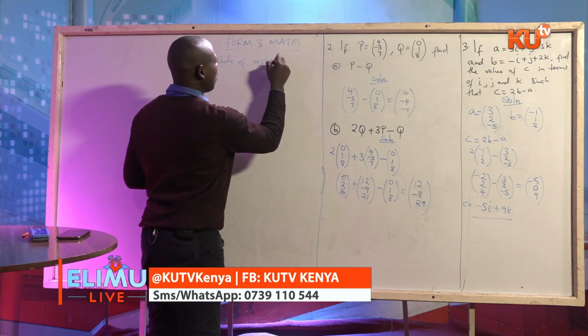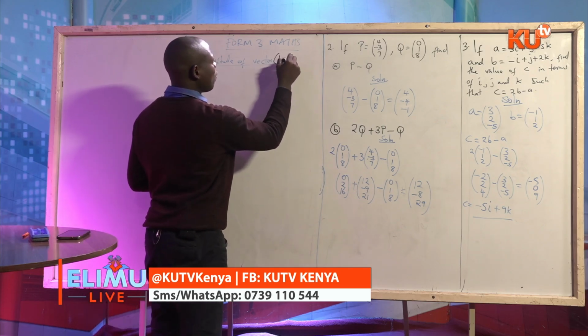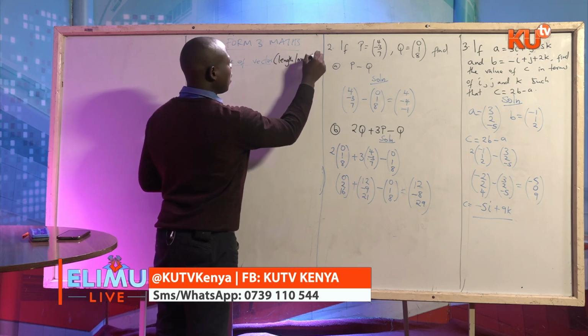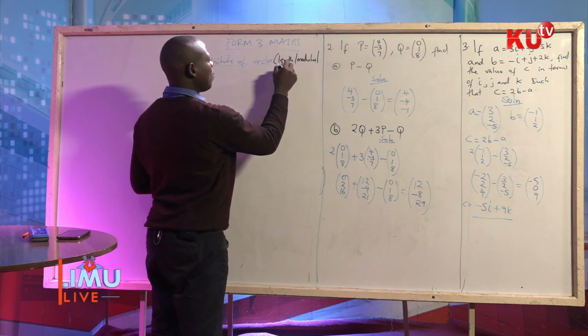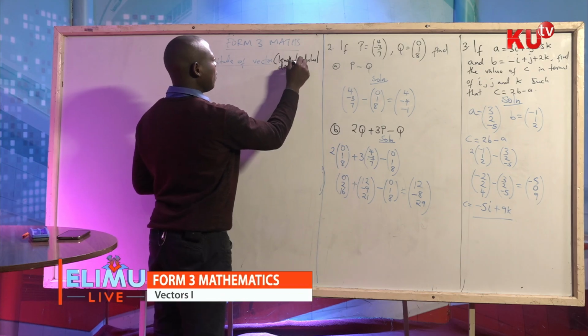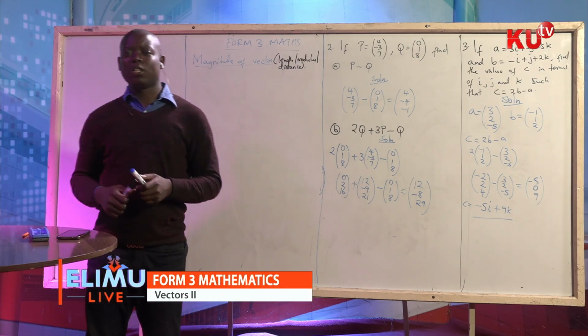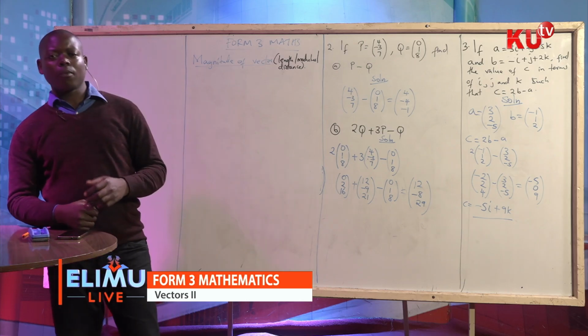A magnitude also means the length of a vector, or we use the word modulus of a vector, or we can represent it with the word distance. Whichever word we use, it still implies the magnitude of a vector.